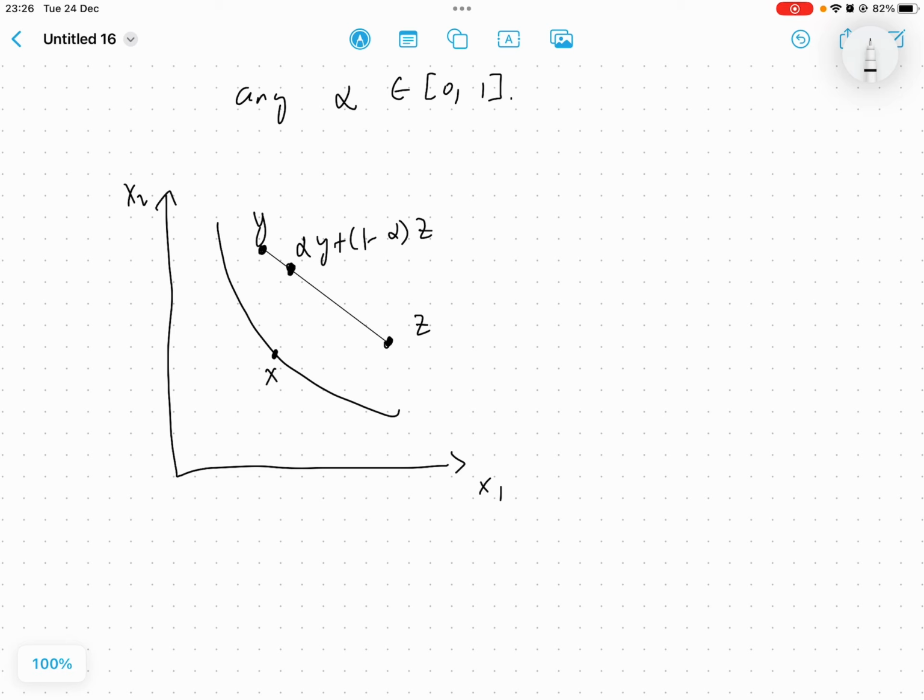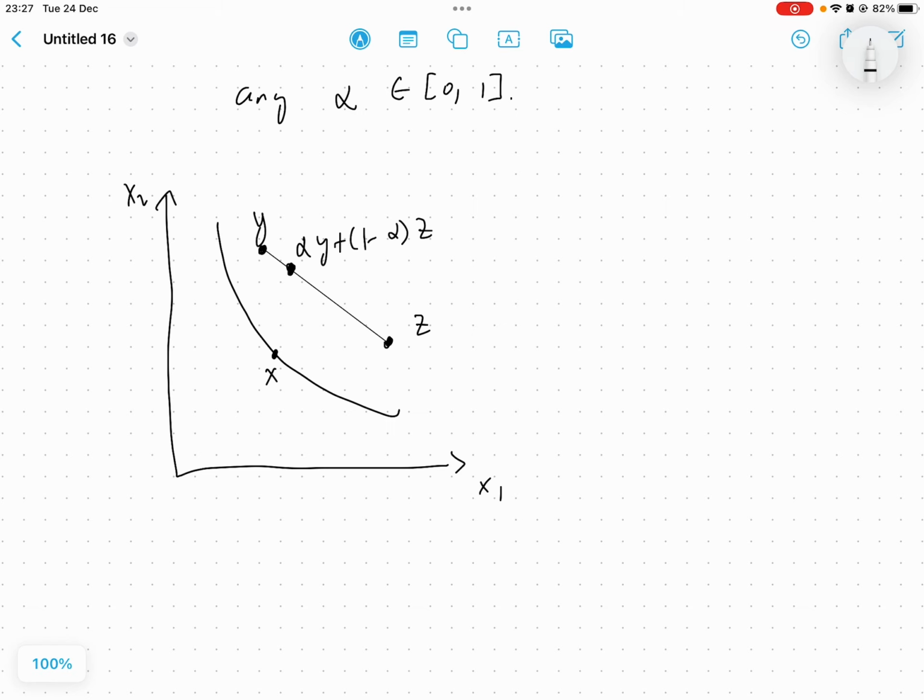Those are all vectors: x is a vector, y is a vector, z is a vector, and alpha y plus 1 minus alpha z is also a vector. And this is still in the upper contour set. This property is just the convexity of this preference relation. This convexity is very strong, but it is a very important hypothesis in microeconomics.